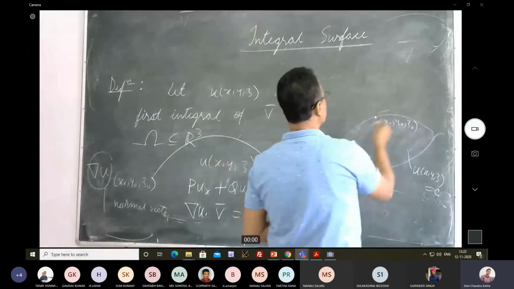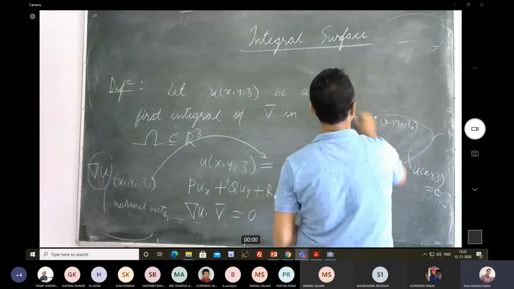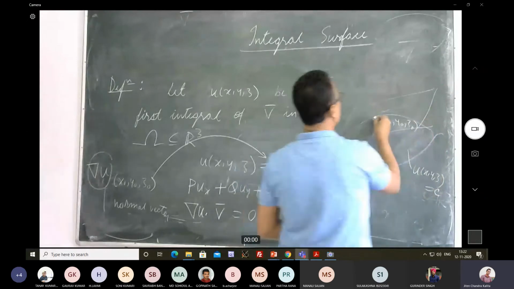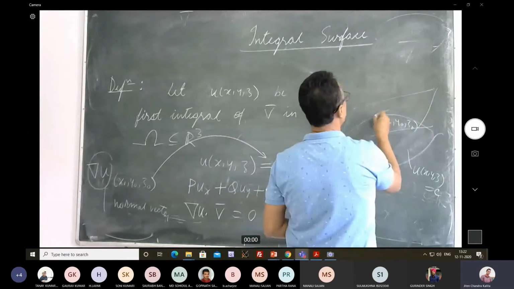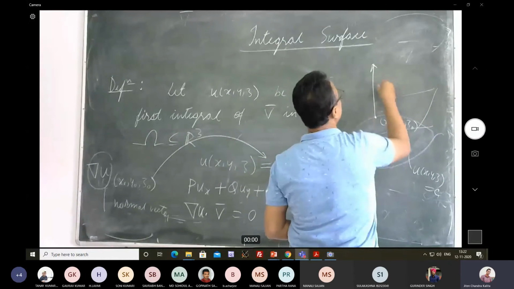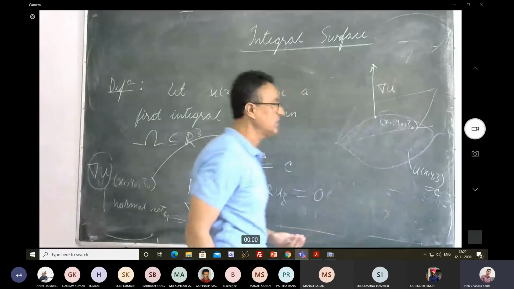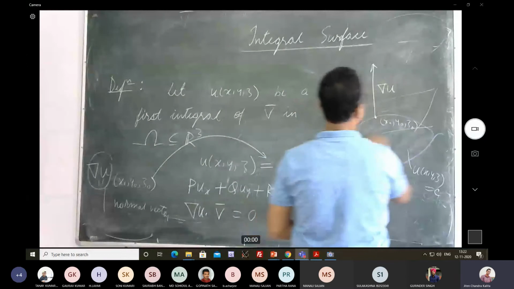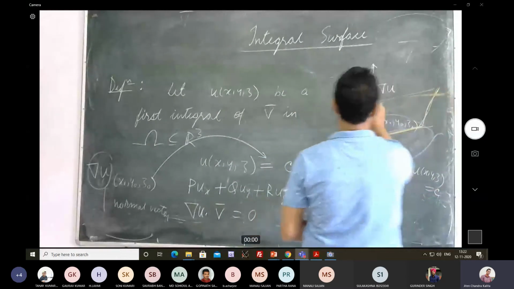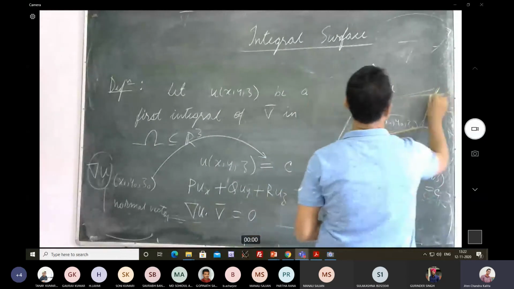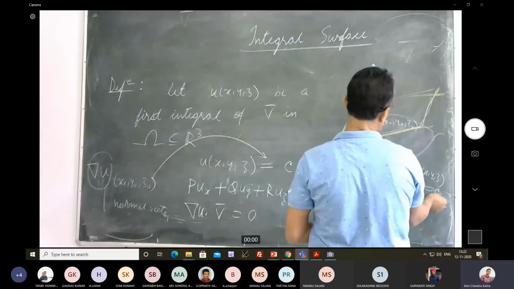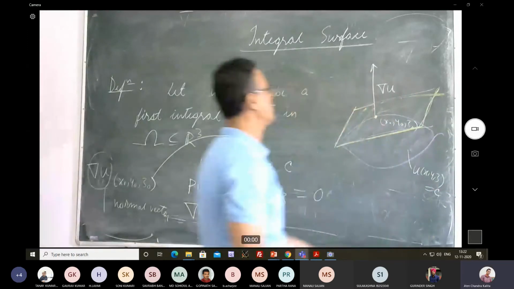Obviously you will be able to consider a tangent plane here, right? Then this is my gradient. Fine. Now if I consider this plane, which is a tangent plane on the surface u(x, y, z) equal to c at the point x naught, y naught, z naught.